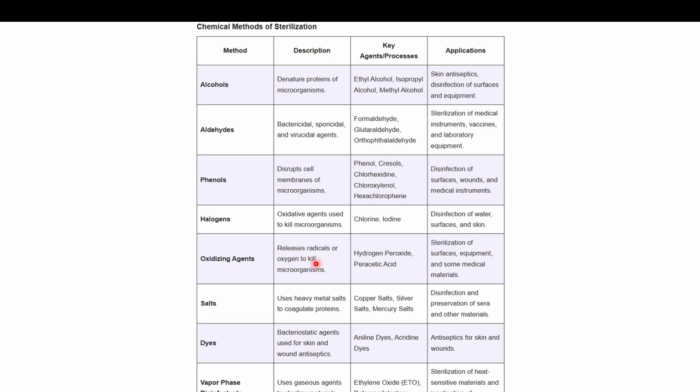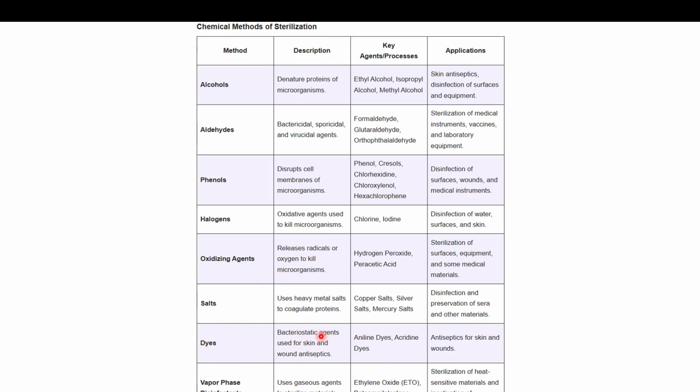Oxidizing agents release oxygen radicals to kill microbes, like H2O2 and peracetic acid, which sterilize surfaces, equipment, and some medical materials. One can even use heavy metal salts to coagulate proteins, like copper salts, mercury salts, and silver salts, for disinfection and preservation of sera and other materials. Dyes can also be used, which are actually bacteriostatic agents.